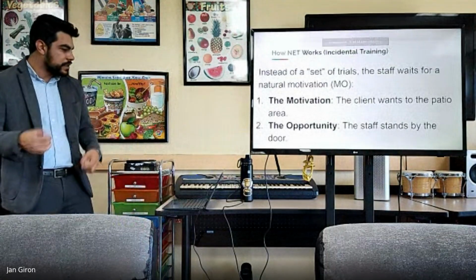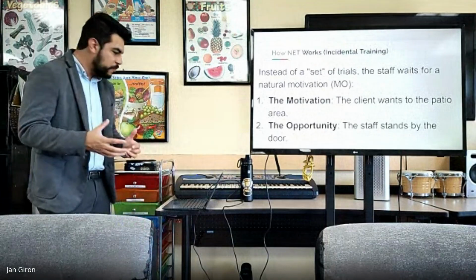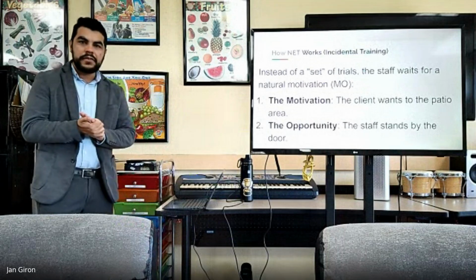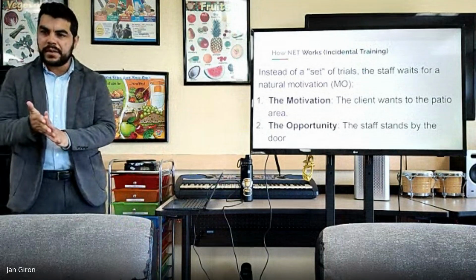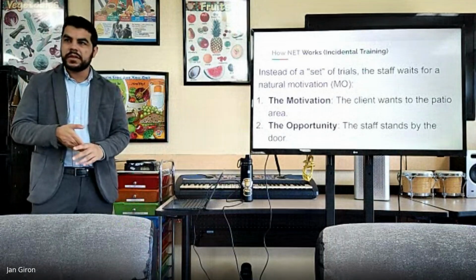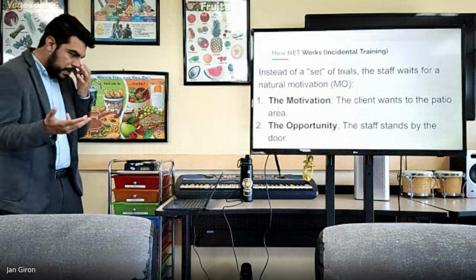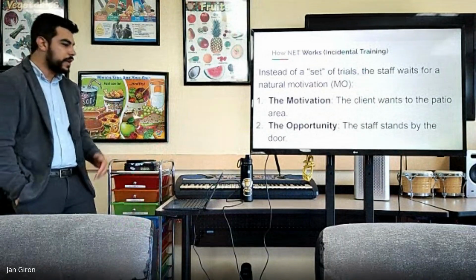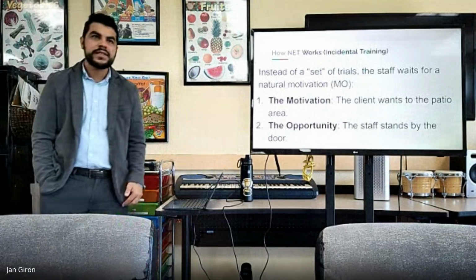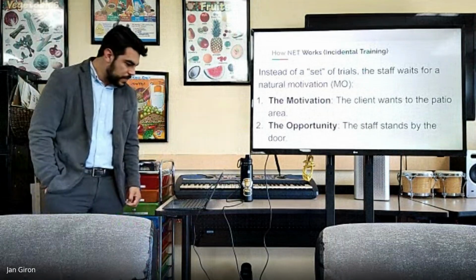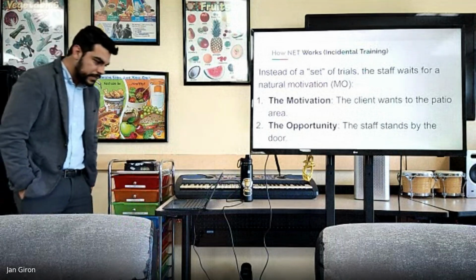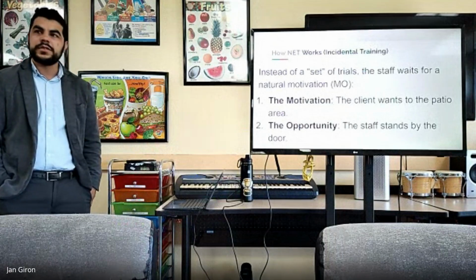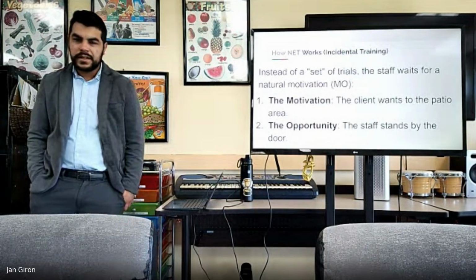Okay, just as DTT has some components, NET has some as well. So instead of setting a set amount of time to run a particular number of trials, we're instead using the client's natural motivation. We're waiting for those MOs to be present, establishing operations. So let's say we're working on a client requesting to go outside.